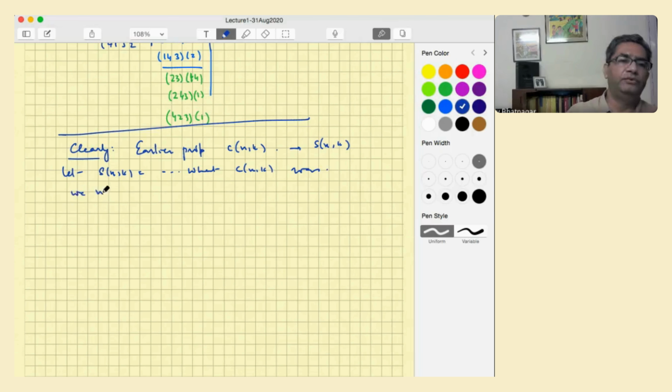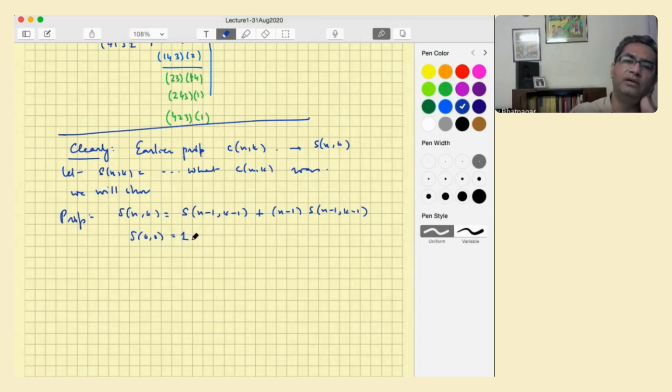We will show this proposition: S n k is equal to S n minus 1 k minus 1 plus n minus 1 S n minus 1 k.